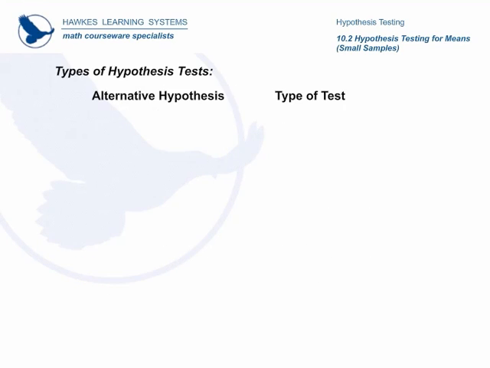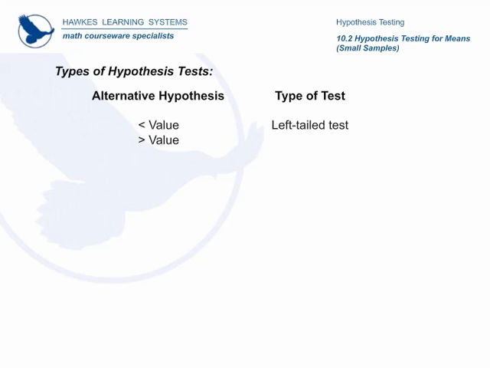So after establishing some foundations, let's take a look at the types of hypothesis test. We have the alternative hypothesis type of test where the value is greater than, and the type of test we would utilize would be the left-tailed test.